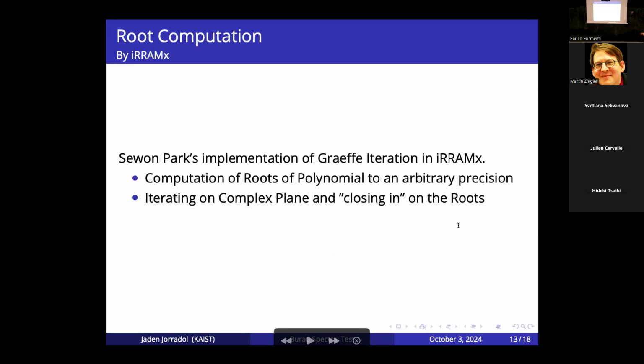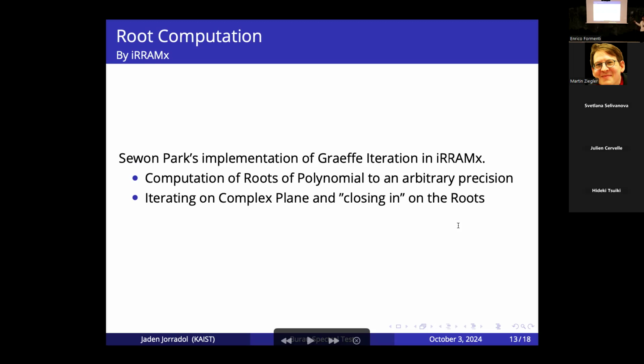And to find the eigenvalues, we can use root computation as an intermediary step: turning the matrix into the characteristic polynomial, and then using the root computation provided by Sewan-Spot's implementation of graph iteration in iRRAM X, which is an extended part of iRRAM that Sewan-Spot have implemented.